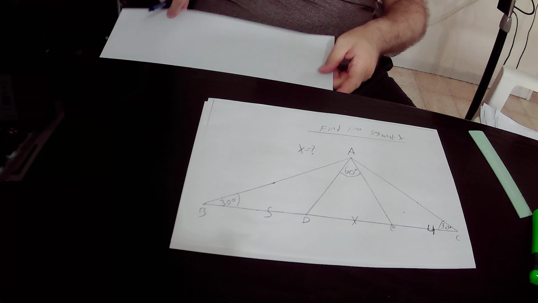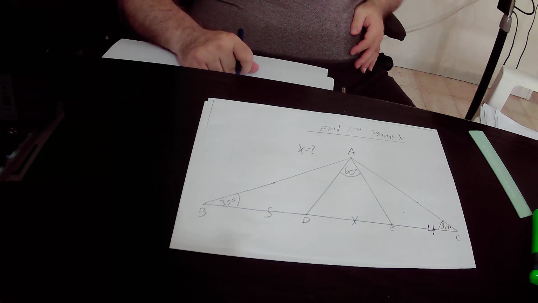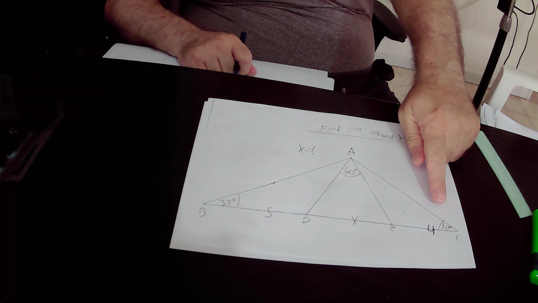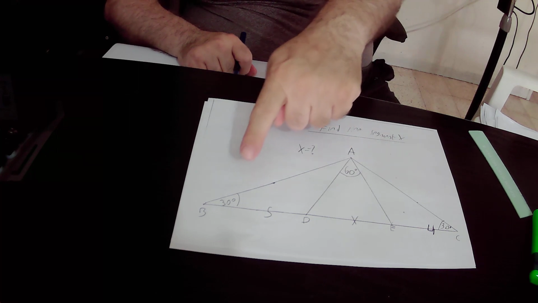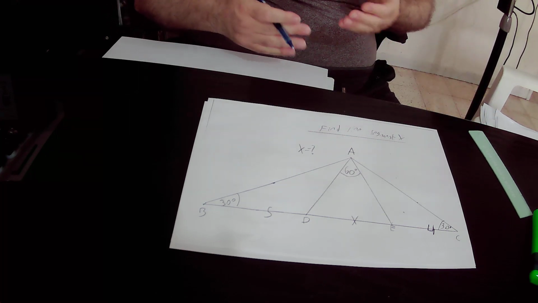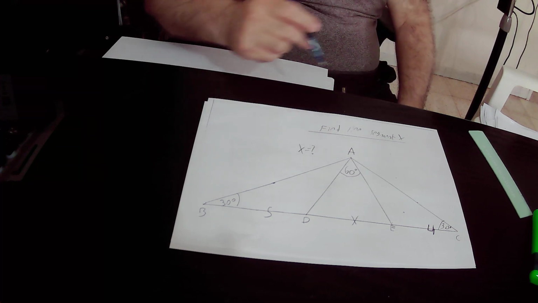And according to the rule that in front of equal angles in a triangle there are equal sides, in front of this angle we have side AB, in front of this angle we have side AC, and according to the rule that I mentioned, AB must be equal to AC.